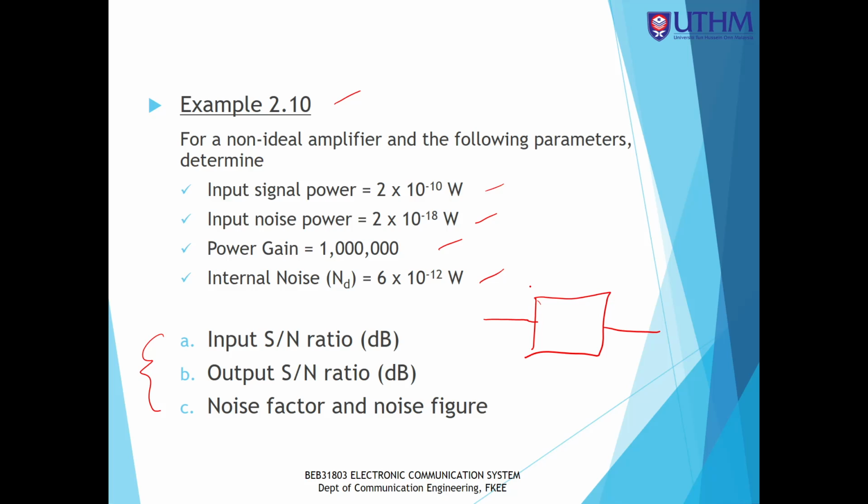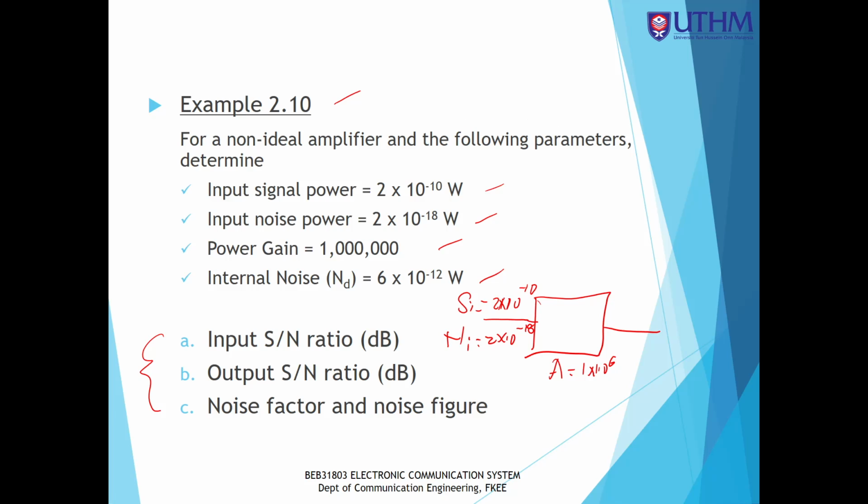So kalau you lukis, saya menggalakkan kepada pelajar untuk melukis, walaupun lukisan tak cantik. So SI diberikan 2 kali 10 kuasa negatif 10. NI diberikan 2 kali 10 kuasa negatif 18. You diberikan gain, so gain is equal to 1 million, itu 1 kali 10 kuasa 6.